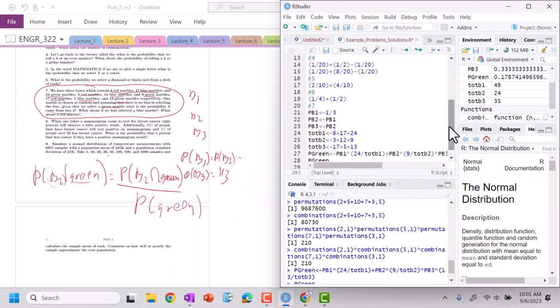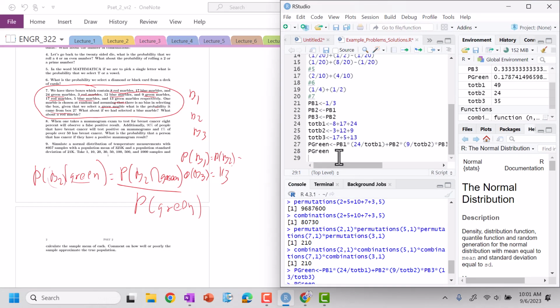So that's a good start. That's our probability of green. What is the probability of box 2 and green? The probability that I choose box 2 is a third.